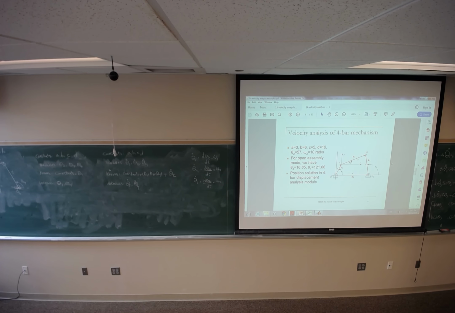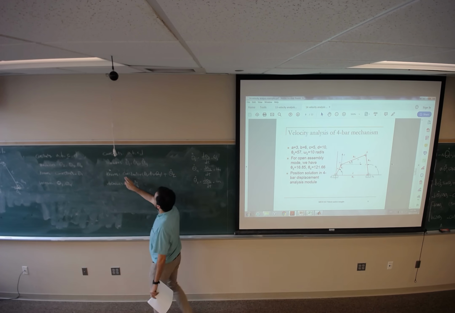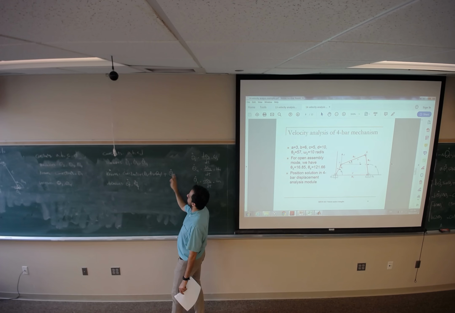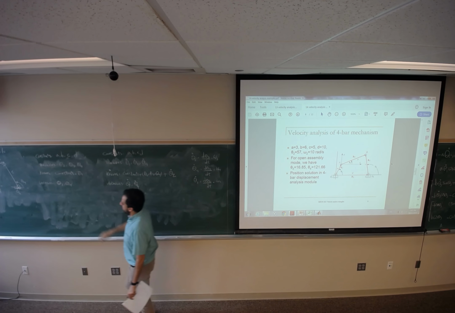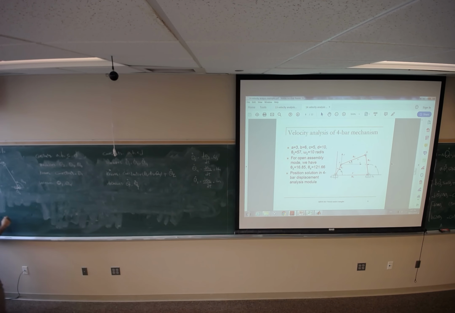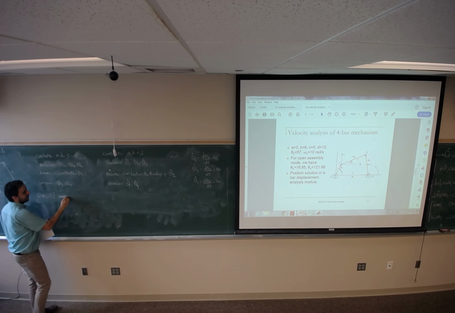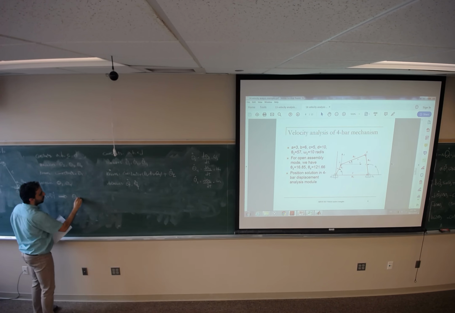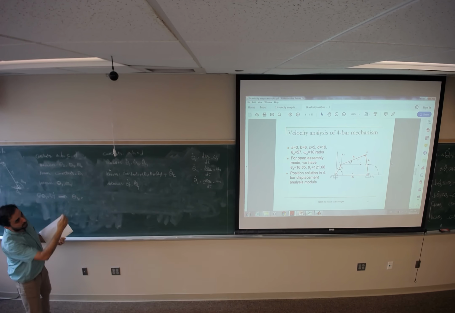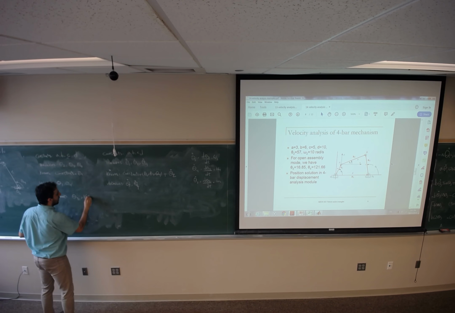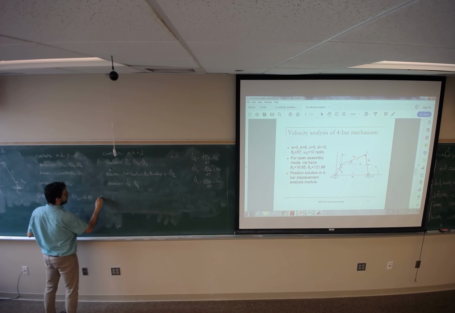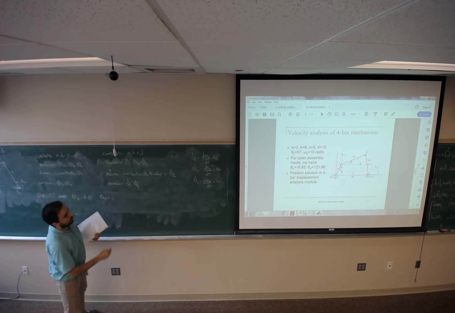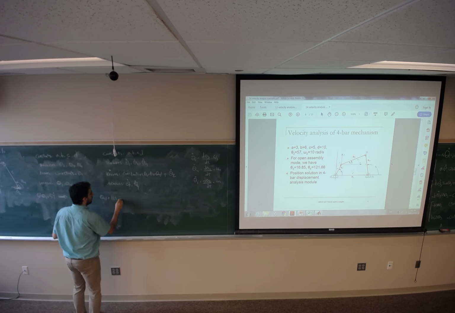So we would like to find omega 3 and omega 4 when theta 2, theta 3, theta 4, and omega 2 are given. How do we know theta 3 and theta 4? For this input angle, you can do displacement analysis and find theta 3.1 equals 16.85 and theta 4.1 equals 121.66.